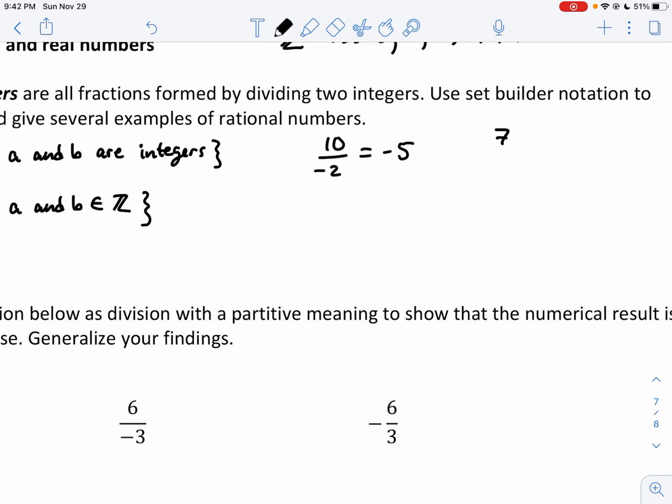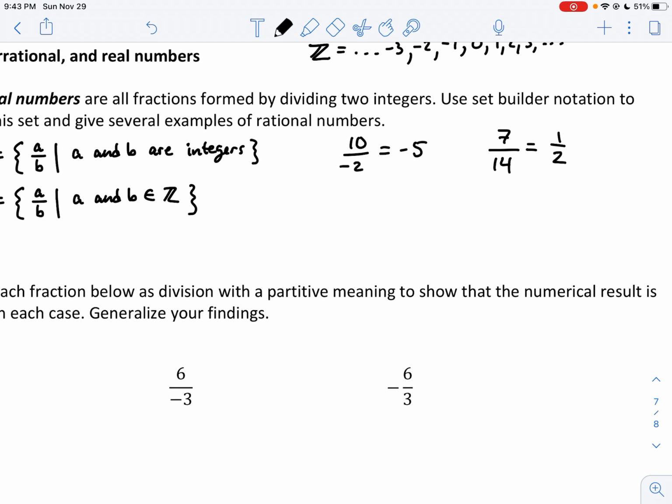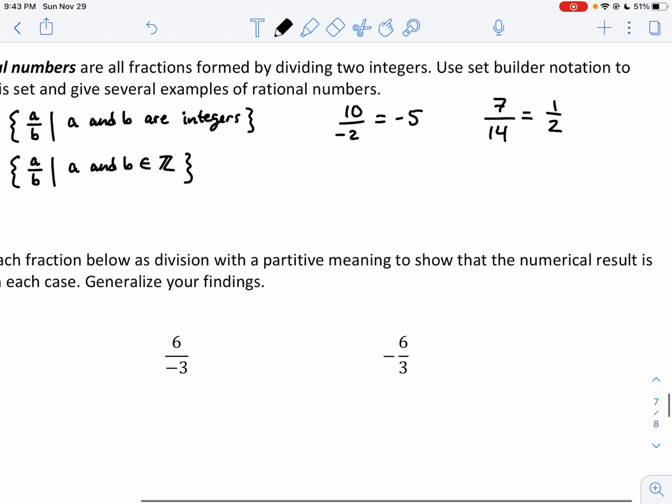Your answer doesn't have to simplify to a nice whole number. Like you could do 7/14. 7 and 14 are both integers, so when you create a fraction out of them, this is the same thing as just 1/2, but 1/2 is a rational number, so is negative 5.